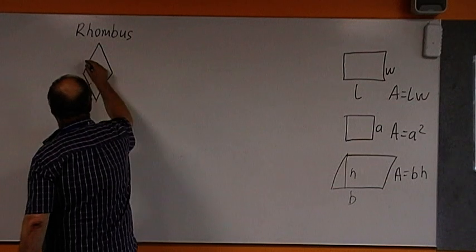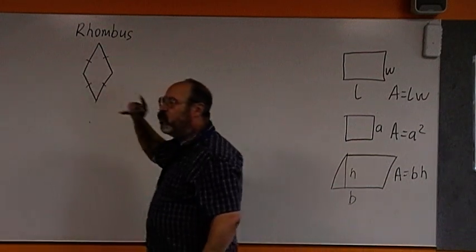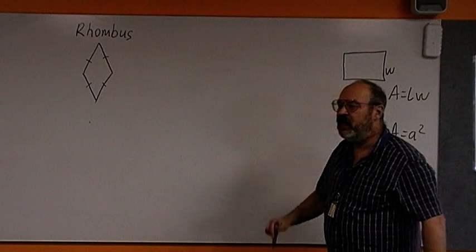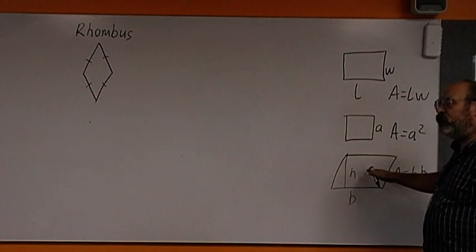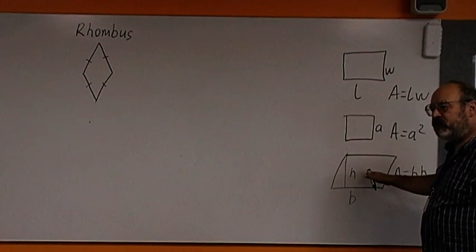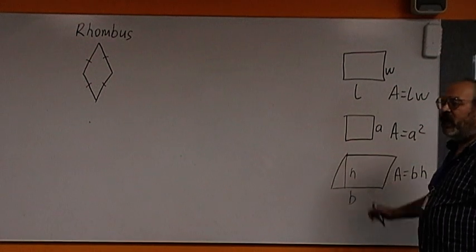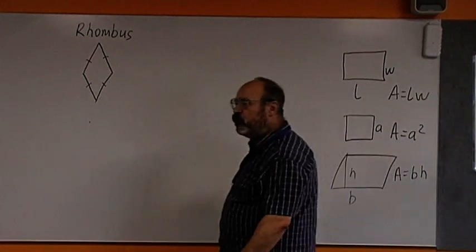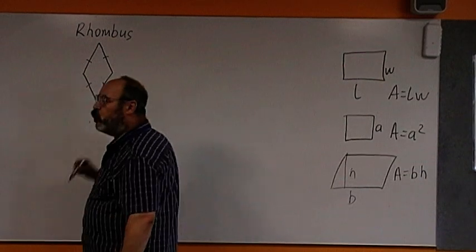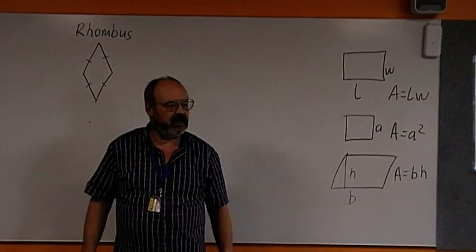And also, a rhombus is a parallelogram. Another property of the rhombus is about its diagonals. Who knows what a diagonal is?